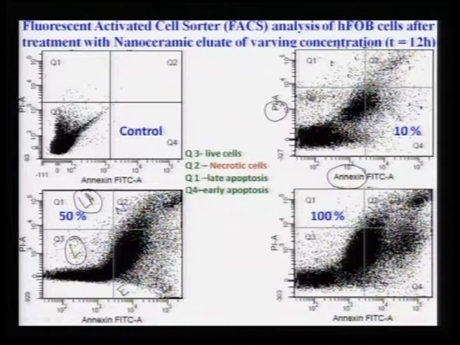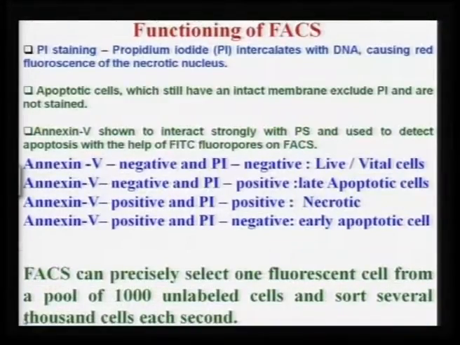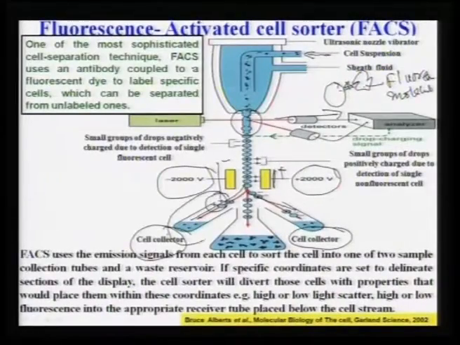The second thing you must remember is that a particular coordinate stands for one of the collector tubes. How many cells are deflected in a particular direction, that coordinate is actually reflecting the cells in that particular collector tube.